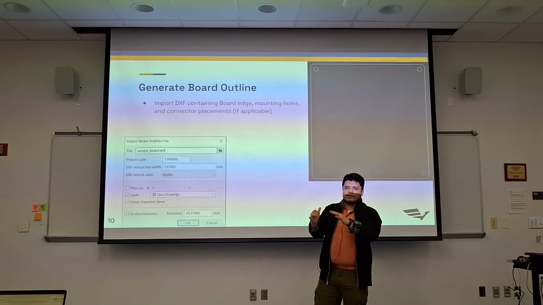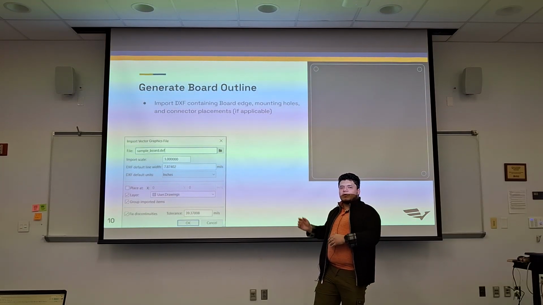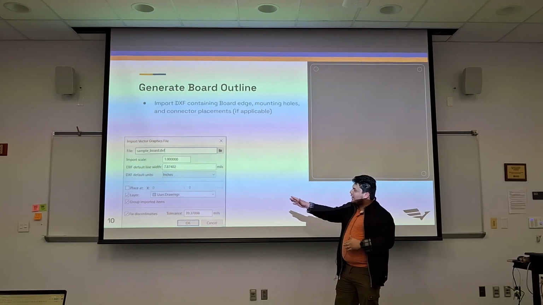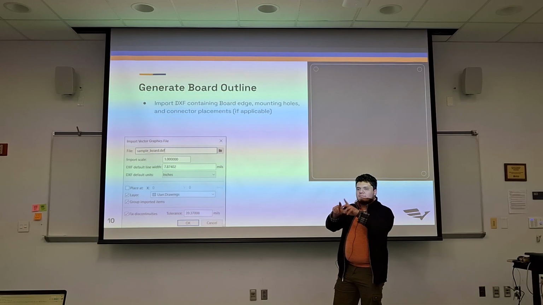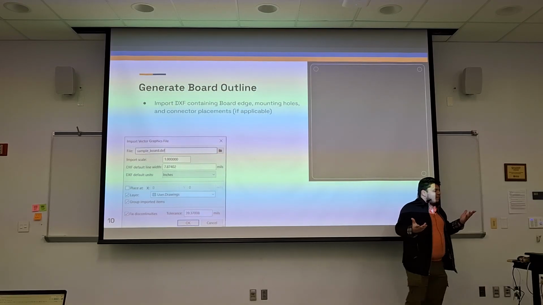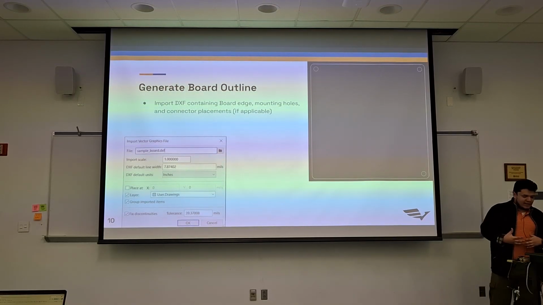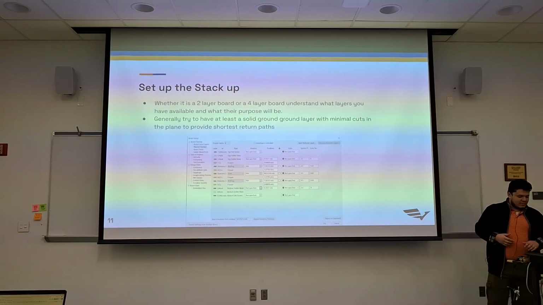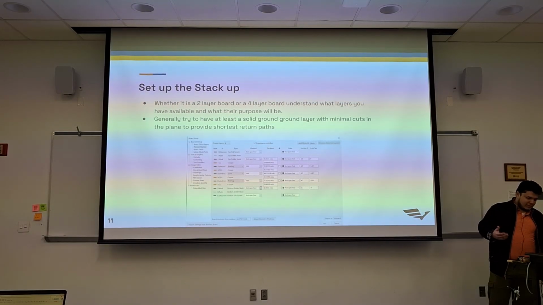So in industry, it's a lot simpler. This is kind of the old-fashioned way of doing things. But put the DXF in the user layer, and then you can create it from there. It's good to keep in mind how to do it.